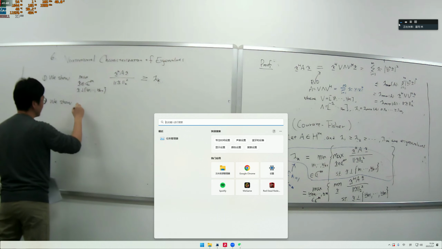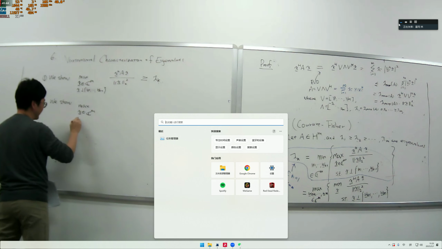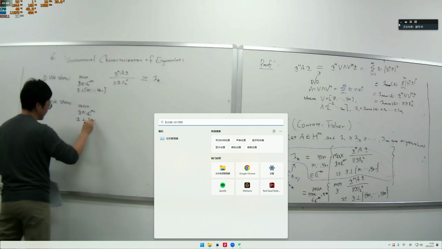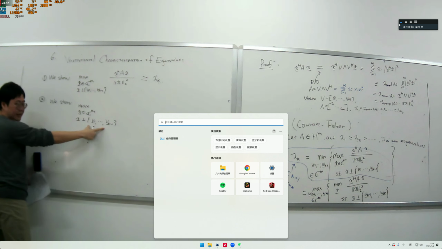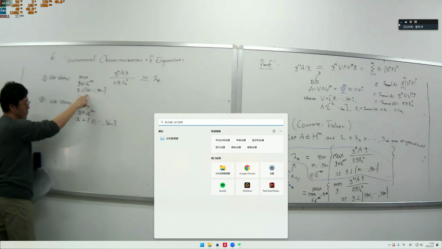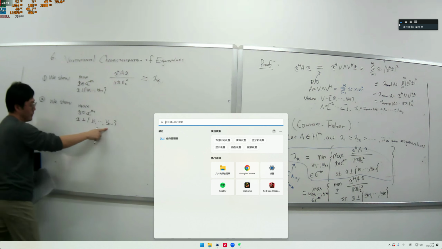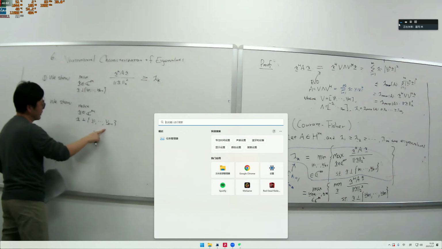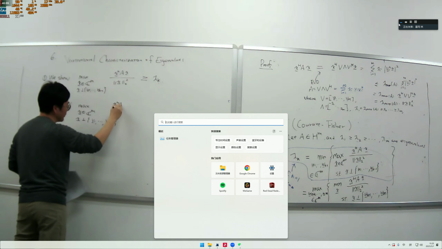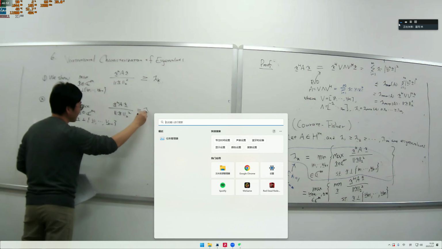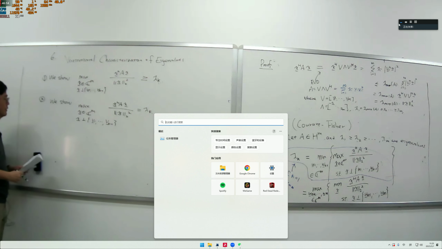It's to show that this quadratic form, when x is orthogonal to the eigenvectors associated with the previous k minus 1 eigenvectors, so W1 equal to V1, up to W_{k-1} equal to V_{k-1}. If we choose this particular W1 to W_{k-1}, then this ratio, the Rayleigh quotient, is equal to lambda_k.